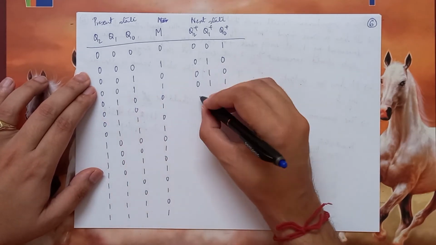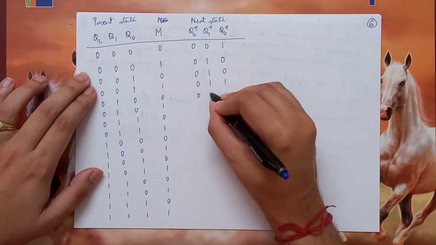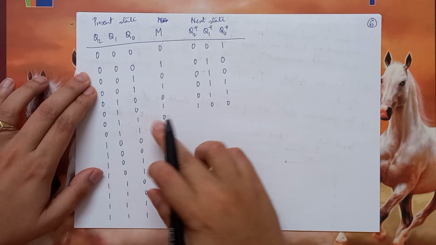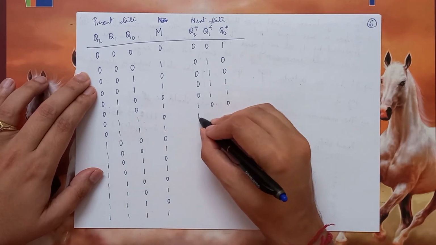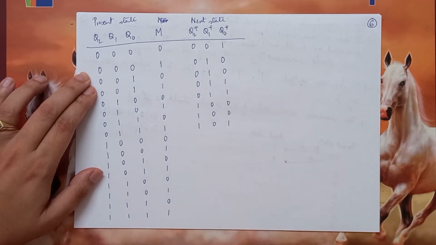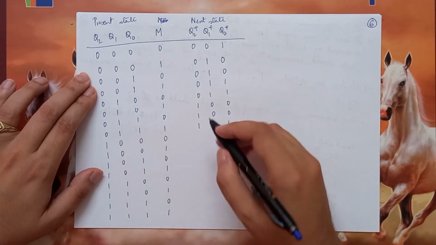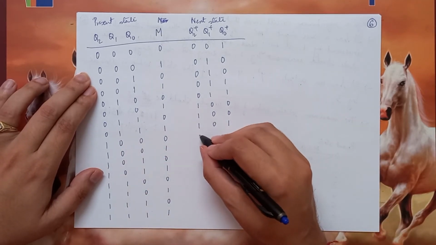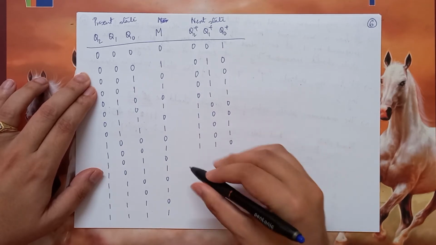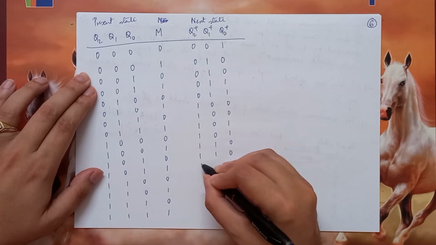So this would be 0, 1, 1 and 1, 0, 0. For 3, when M is 0, the next state will be 4, else it will be 5. Again 5 and 6. 6 and 7.